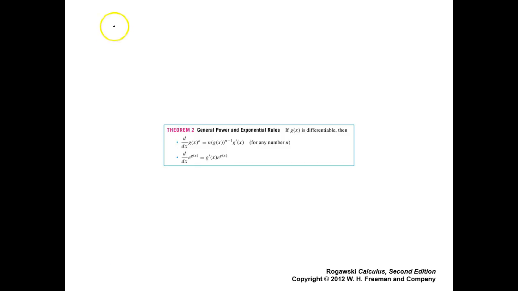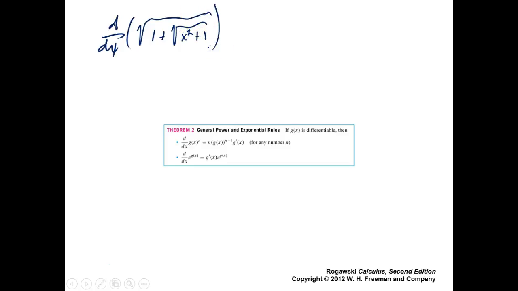Calculate this. d/dx of the square root of 1 plus the square root of x squared plus 1. Ew, my word. Okay.